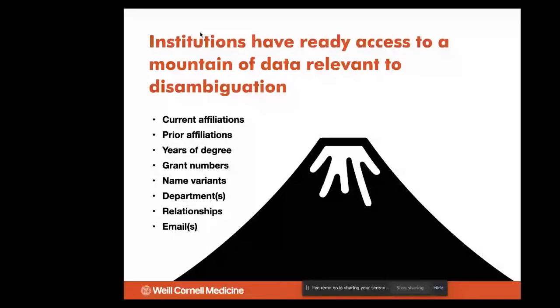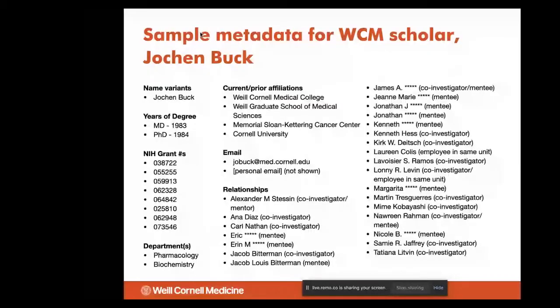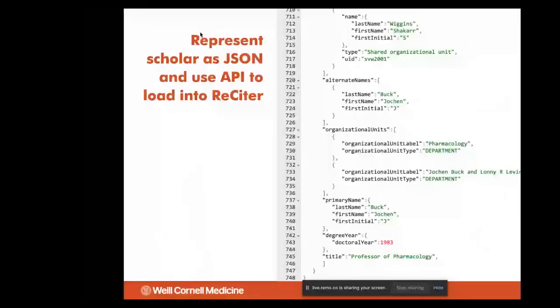So here's an example of someone who has all that data. Institutions have a ton of data about a person, and all this data can be leveraged to make intelligent suggestions regarding what this given scholar actually authored. We take that data and we make it into a JSON object.